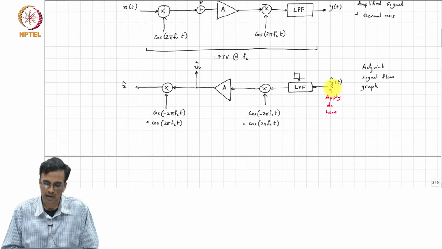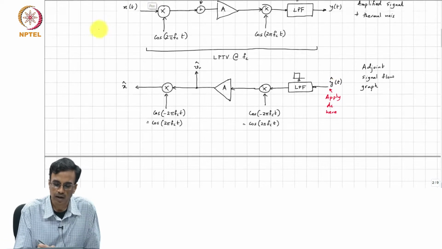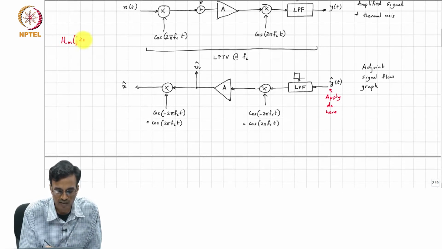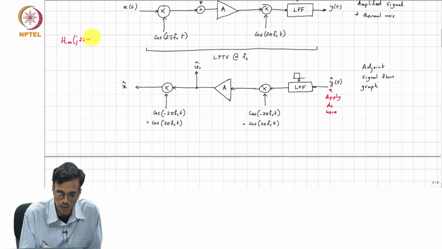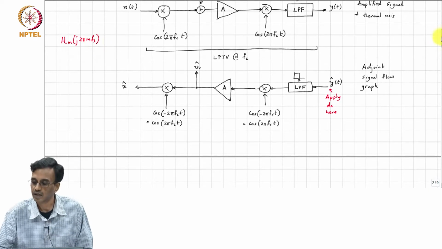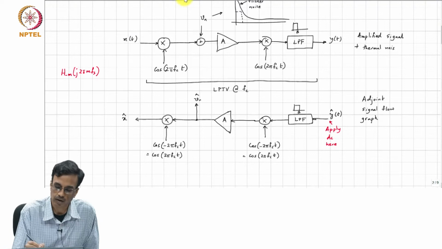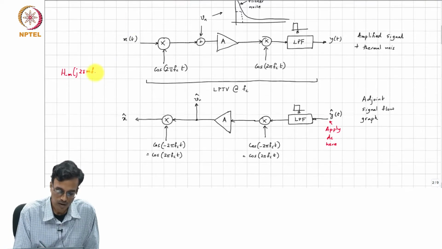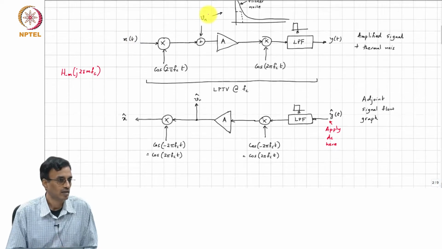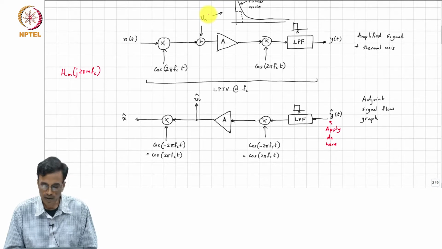In other words, what we wanted to find are H minus M of j 2 pi MFS, here for both X and Vn, that is, at 2 pi FC.